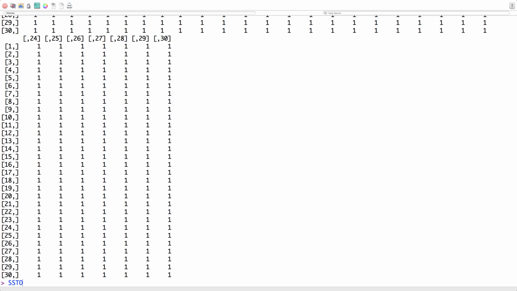So guys, what I can do now is come in and do my sum of squares for the total. And now I'm going to do transpose y times y, minus 1 divided by 30 times the product of transpose y, J matrix, y.